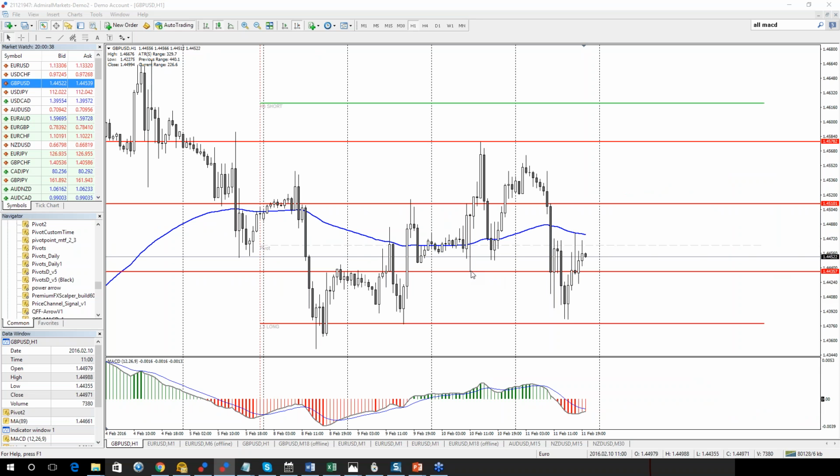Previous high, previous low, important swing. If you shorted it here, you could have scaled out here. Place your stop loss to break even and enjoy a free ride. So that is how you do it, and that is a good trick, guys. Believe me, it's a good trick.